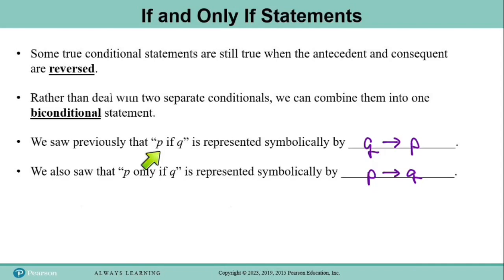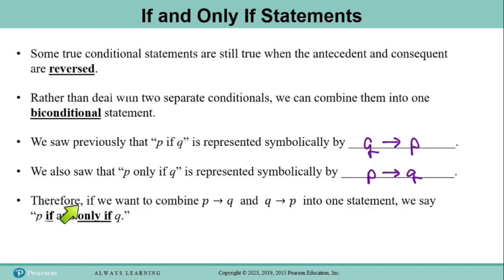So if we want to combine them, notice over here, P comes first in both English statements. So if we want to say if Q then P and if P then Q, then what we can do instead, which makes it a little easier, is we can say P if and only if Q. And that combines both of these conditional statements into one. So that's what this line says.